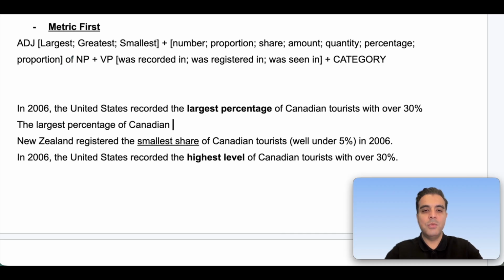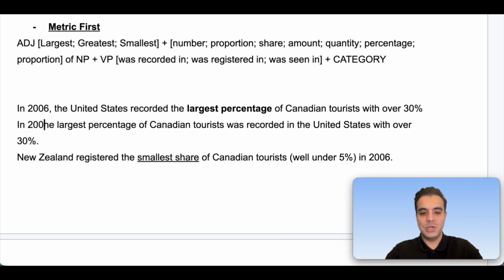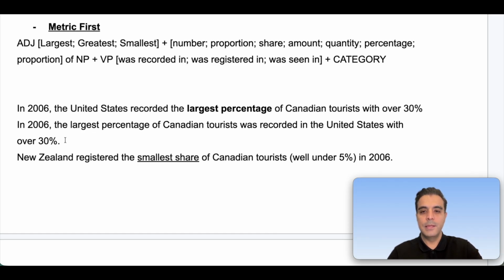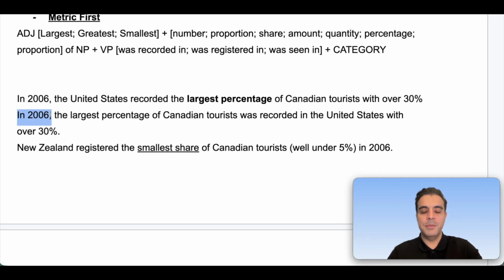The NP remains the same. Then I'm going to use one of these verbs. In this case, I'll just go with was recorded in. And then what is the country? The category appears at the end. The category was the United States. So I'll just say the United States. And finally, I'll add the quantity with over 30%. And if I want to keep things consistent, I'm just going to add the year to the beginning of our sentence.